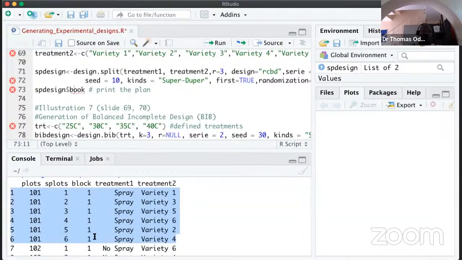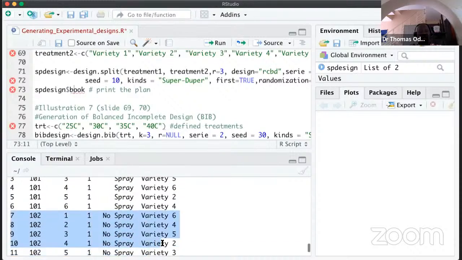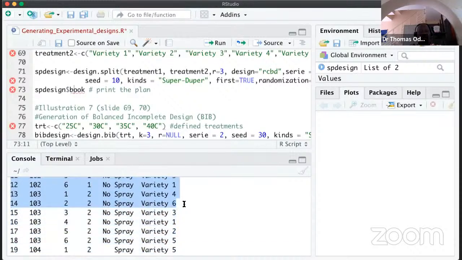And these are all in block 1. And then we have here the spray as the main plot factor. And then the different varieties are split within it. So variety 1 on 1, variety 3 on 2, variety 5, variety 6, and so on and so forth. Then you go to main plot number 2, and you also see what has happened. You go to number 3, number 4, and so on and so forth.